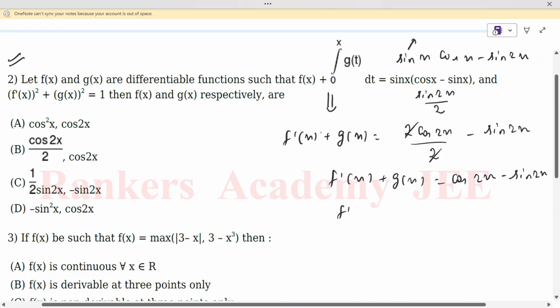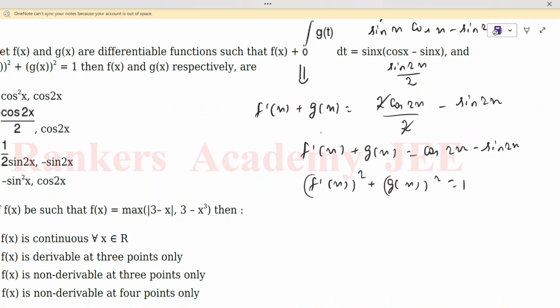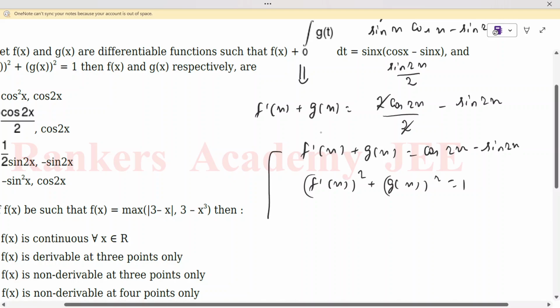And f dash x square plus gx square should be equal to 1. So to solve for f and g, the first thing is I can just put the value of f dash in terms of g, and then solve for this one. Or you can square both sides.